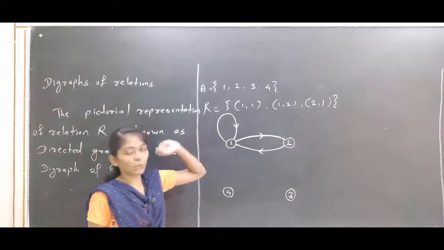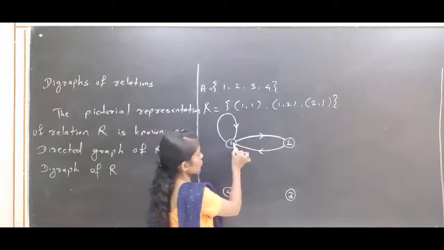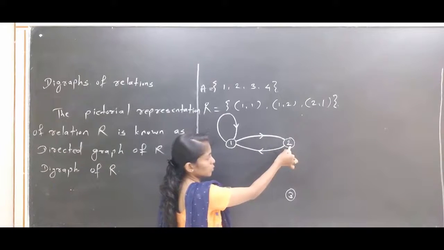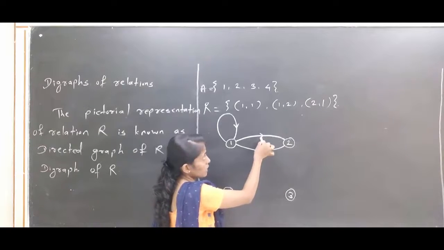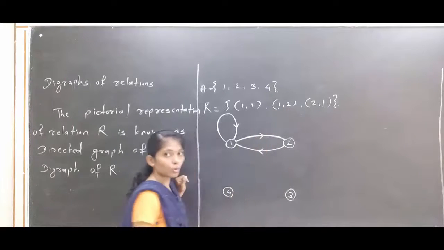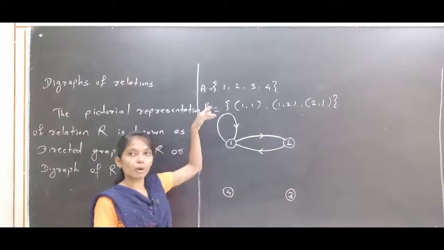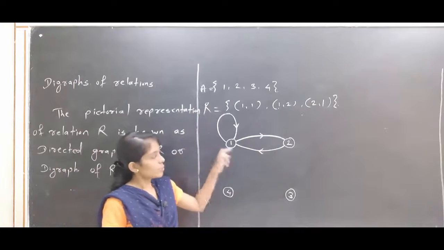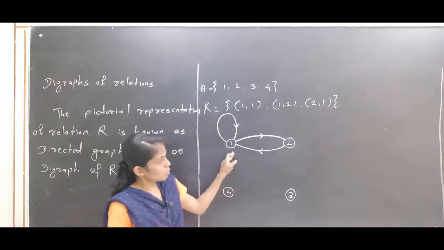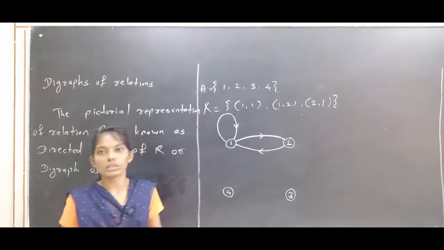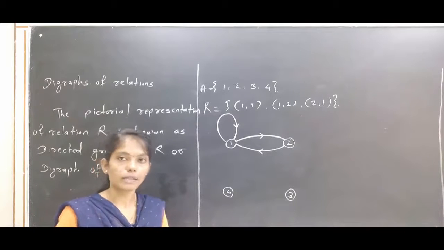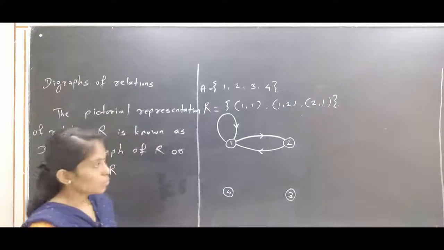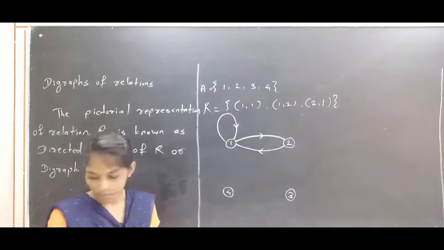Again we join 1 to 2 by an arrow from 1 to 2, since 1 is related to 2 and the ordered pair (1,2) belongs to R. In a similar way 2 is related to 1. So this is the digraph of relation R. All of you get this? Okay, so we take one more example.